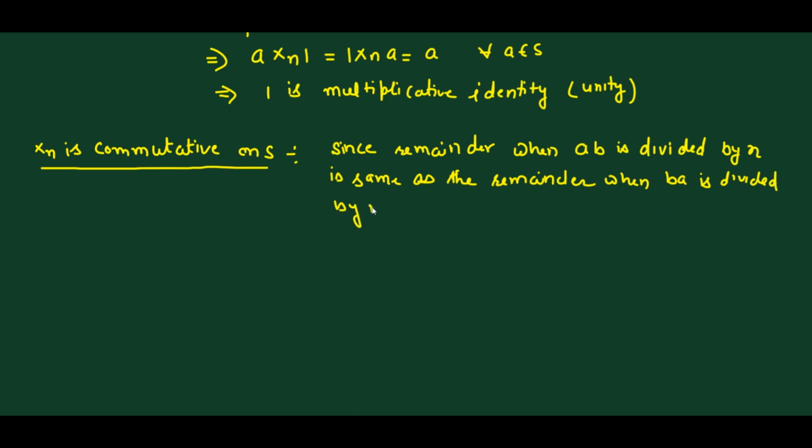It means either you divide AB by n or you divide BA by n, you will get the same remainder. So immediately you can say that this is the same, for all A and B belonging to S. So it means this operation is commutative on S.